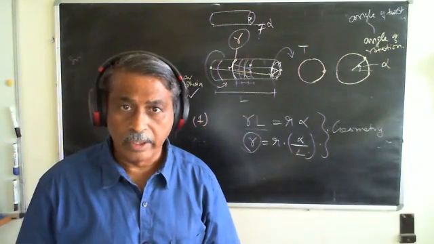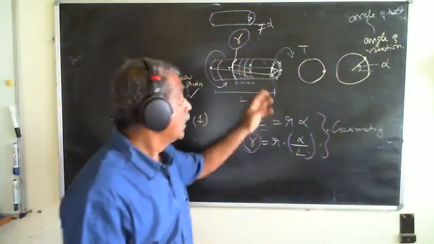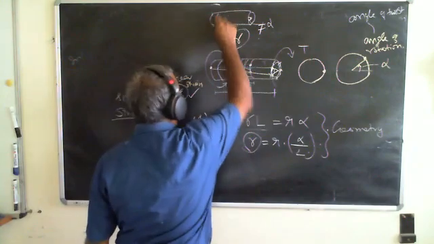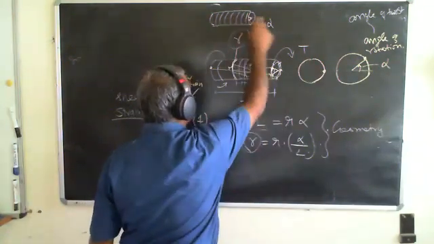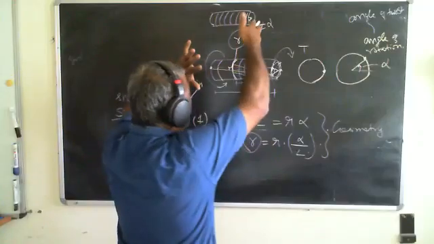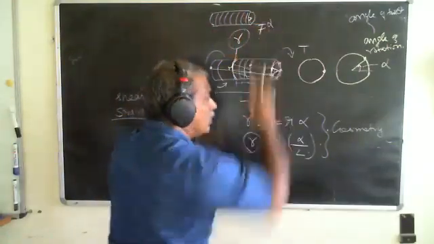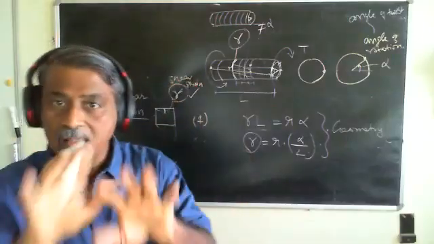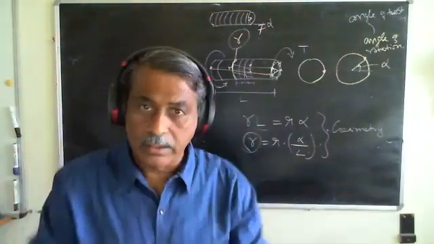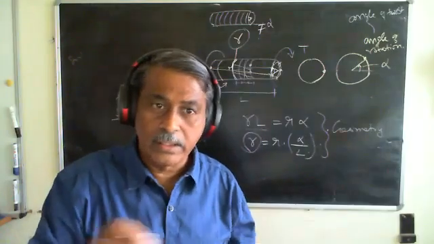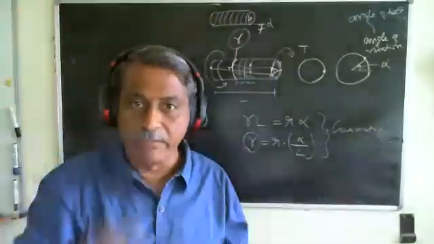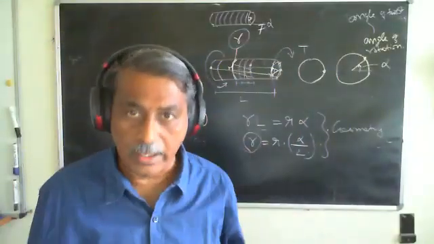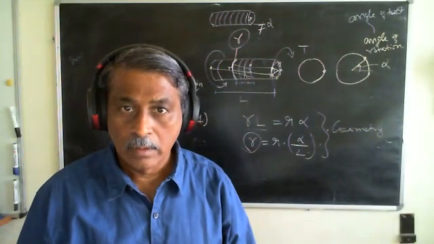Are you with me? If I take rings like this, every ring here is just rotating as a rigid body without any deformation that occurs in the cross section. So if I take any point in the cross section, it has only rotated, but it has not deformed in any way. It has not expanded or contracted. Are you with me, Aniket?